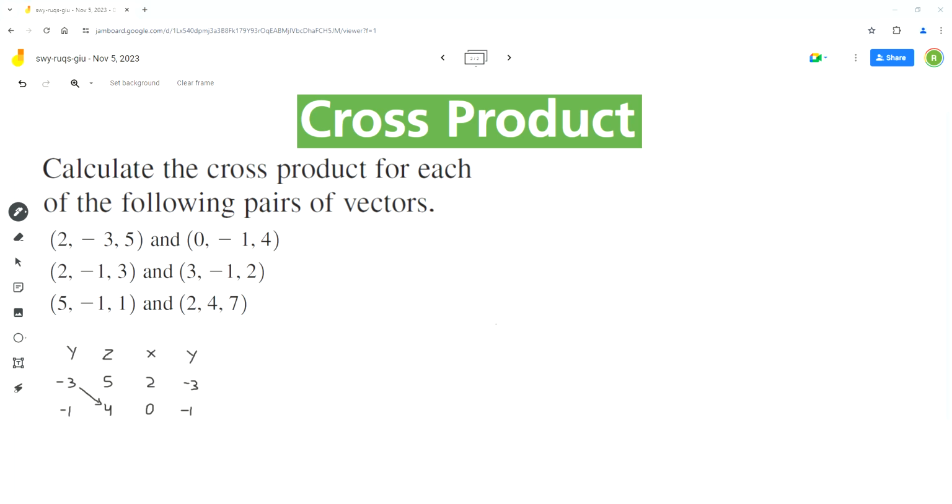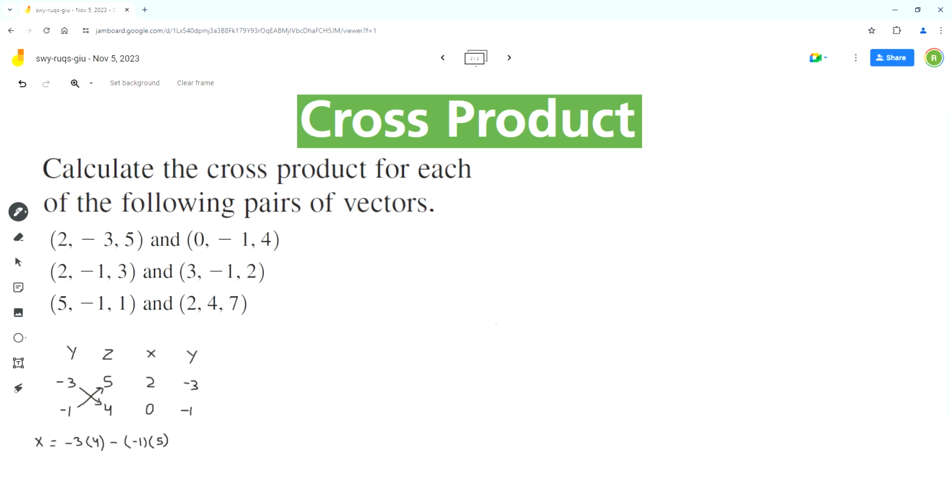So I'll write it on the board. The x component of the new vector will be that, then minus, and now we go from left to right in the upward direction. -1 times 5.